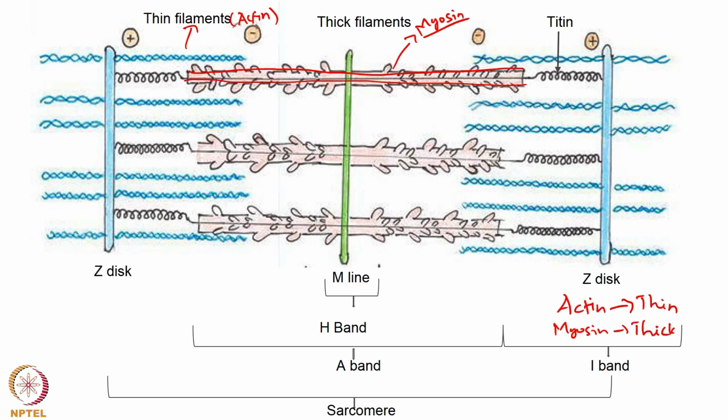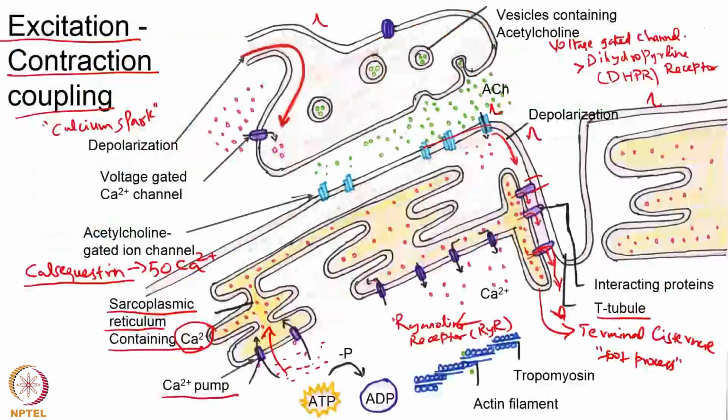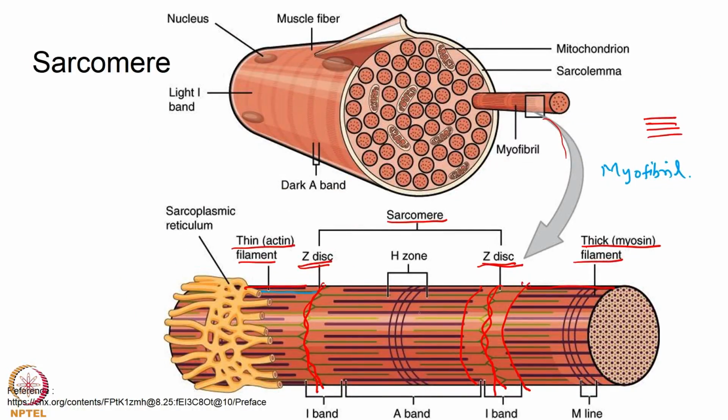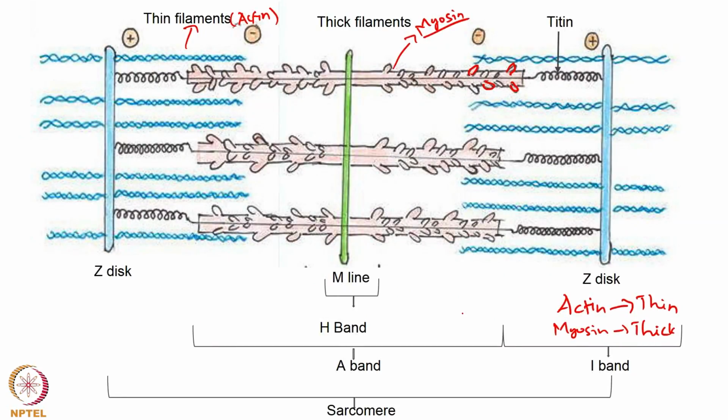The thick filament itself has what are called heads, several heads. In the previous picture, it seemed as if the thick filament is hanging in air. Actually, this is not true. The thick filament is attached to the Z disc via a very strong contractile protein called titin, one of the strongest or most elastic proteins known to man.